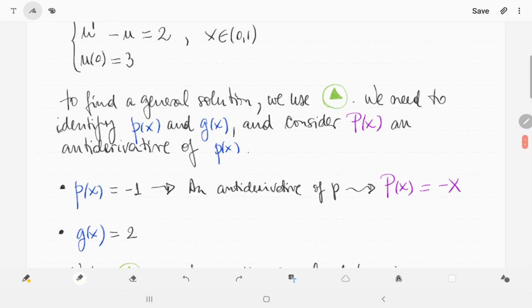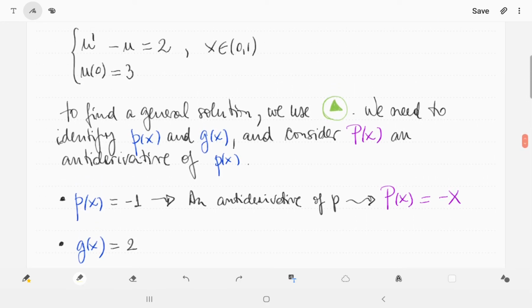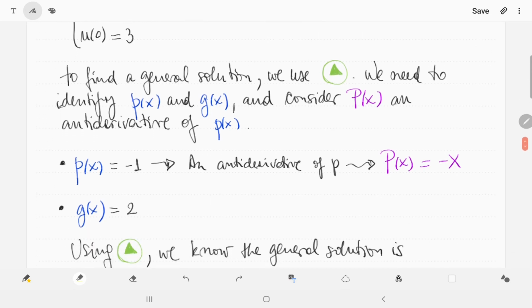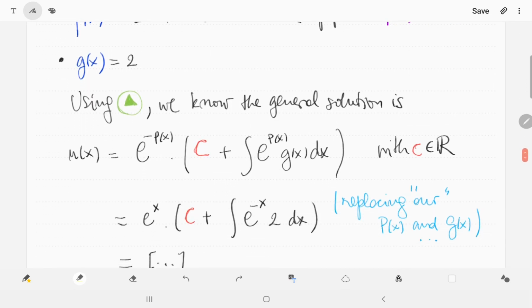We identify who is p and who is g in this example. So p is hidden here, it is equal to -1. An antiderivative of p is capital P equal to -x, because when we differentiate it, we recover the -1. And g is equal to 2. So now we use the expression. We know that the general solution u has this form, where c we have no idea, it's just a constant.